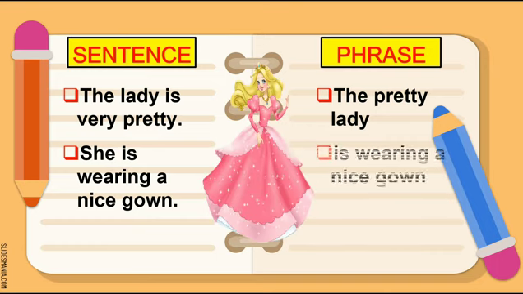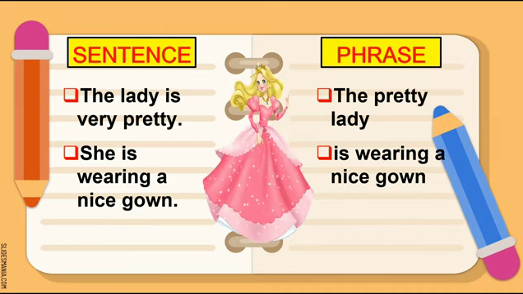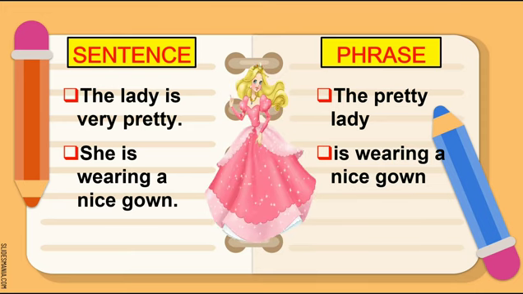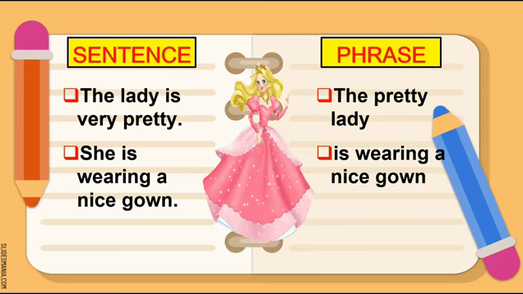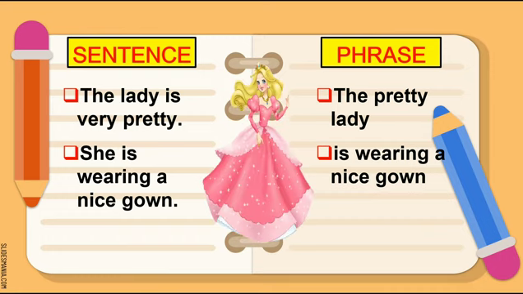But if I say, is wearing a nice gown, is this complete? Of course not, right? Because if I ask you a question, who is wearing a nice gown? Would you be able to answer me or tell me? Of course not, because it doesn't tell us who is wearing a nice gown. Like I've said, because this is not complete.